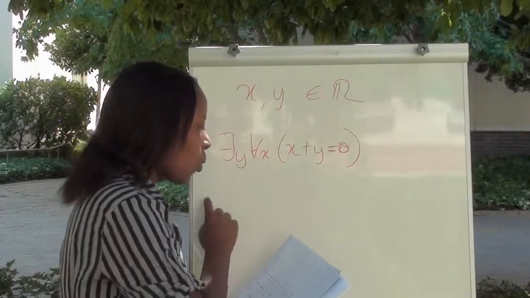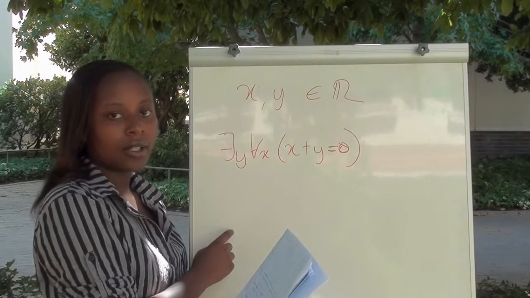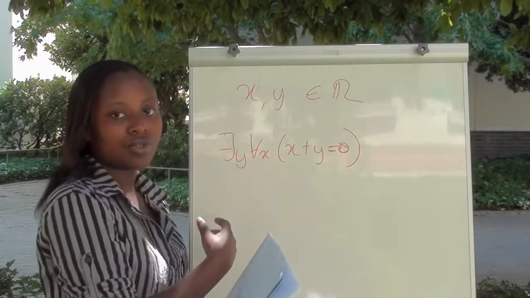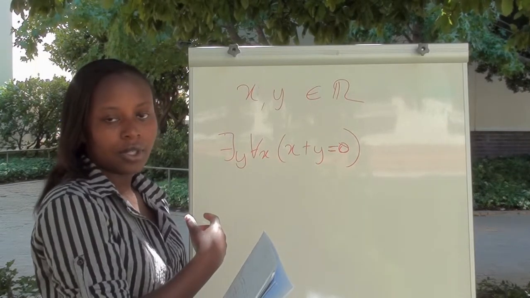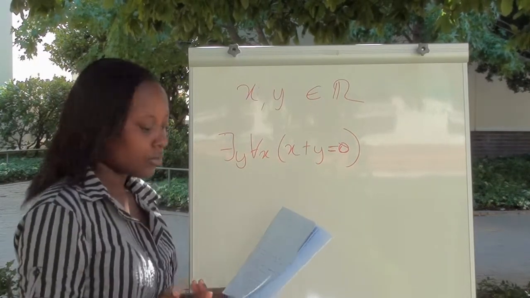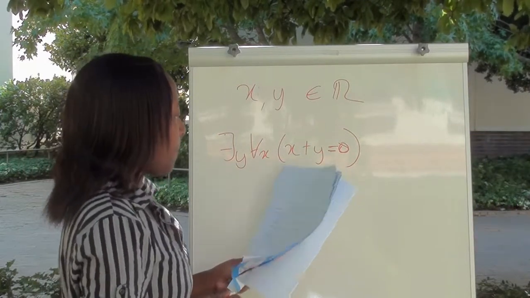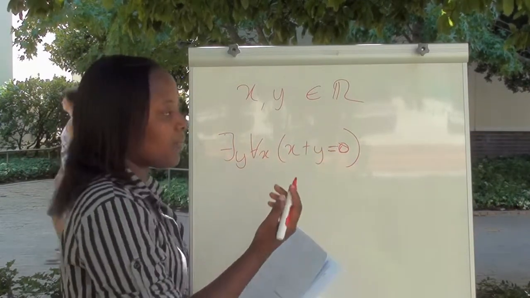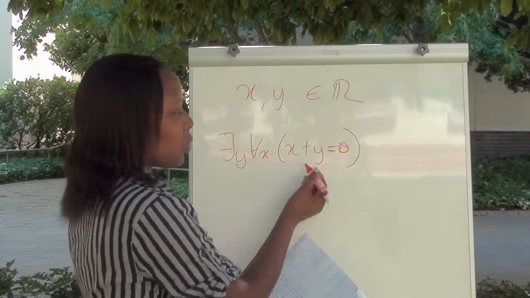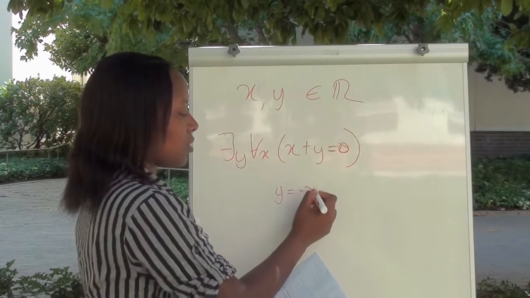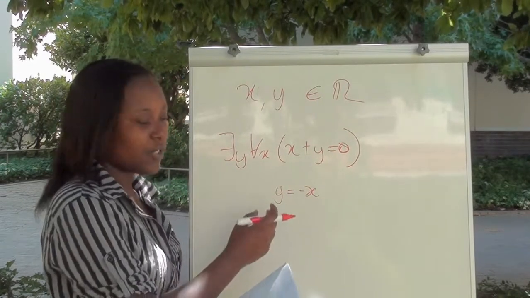There is a specific y, right, that should satisfy this statement for whatever x that I choose. Is that true in general? Let's think about this. If I choose whatever x that I choose, what do I need y to be for this to be true? y has to be equal to minus x. But is there a universal y that satisfies this?